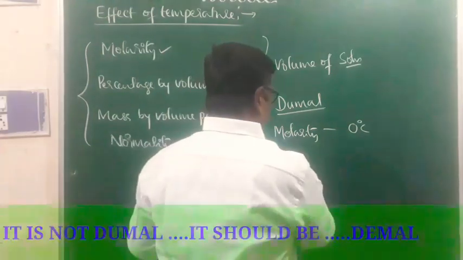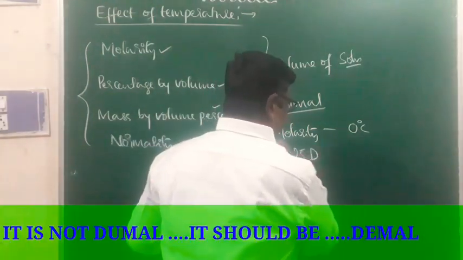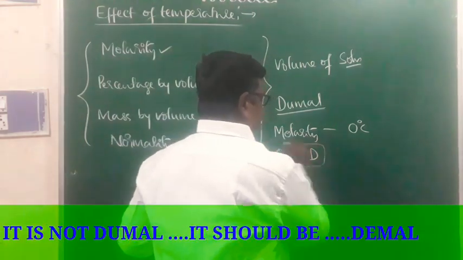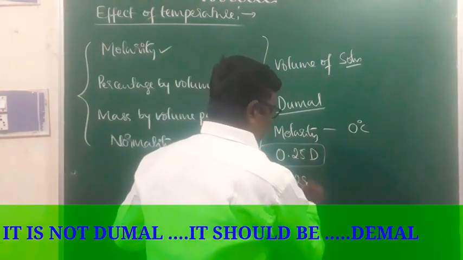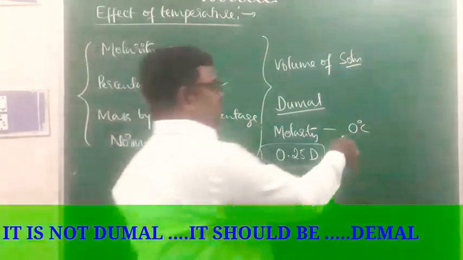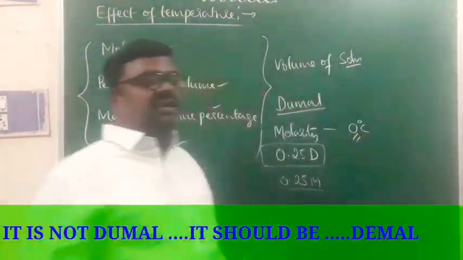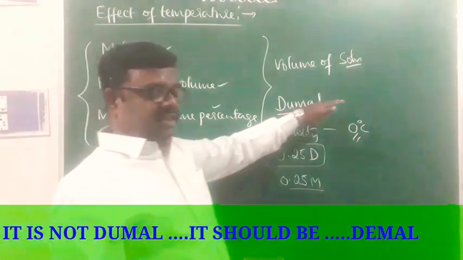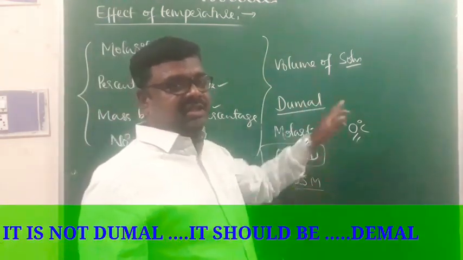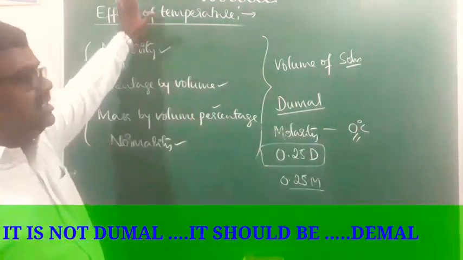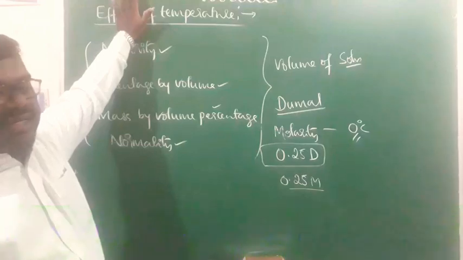If I say we have 0.25 Demal, the concentration of the solution is 0.25 molar at 0 degrees Celsius, and that is what we call Demal. It is one of the methods of expressing concentration of solutions at 0 degrees Celsius.